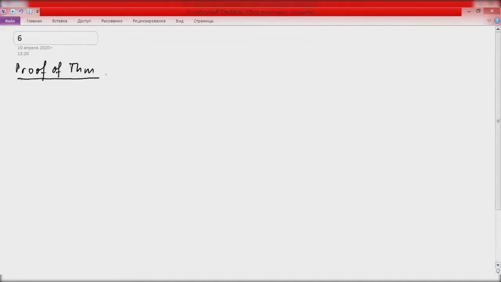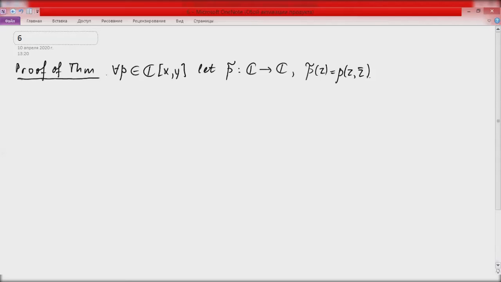Okay, so first of all, let's take a polynomial P in two variables, X and Y, and we use the same notation which was introduced a little bit earlier. We let P tilde denote the function from the complex plane to itself, given by the following formula: P tilde of Z is P of Z and Z bar.